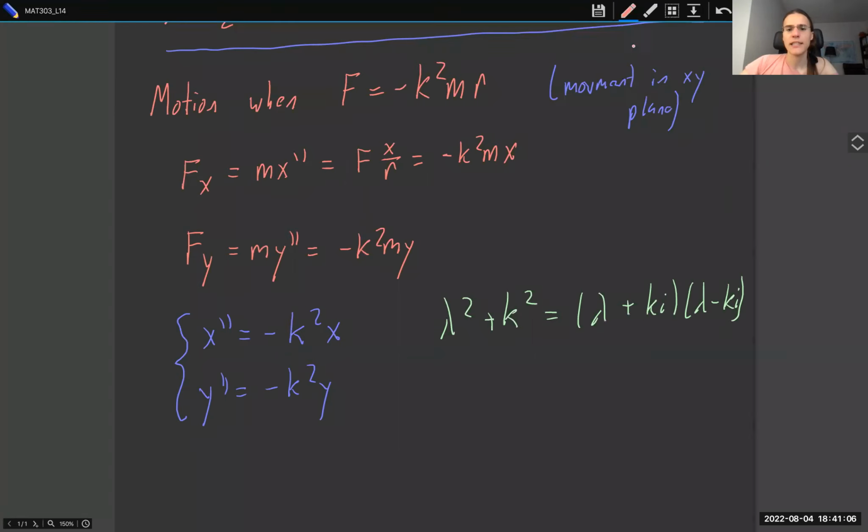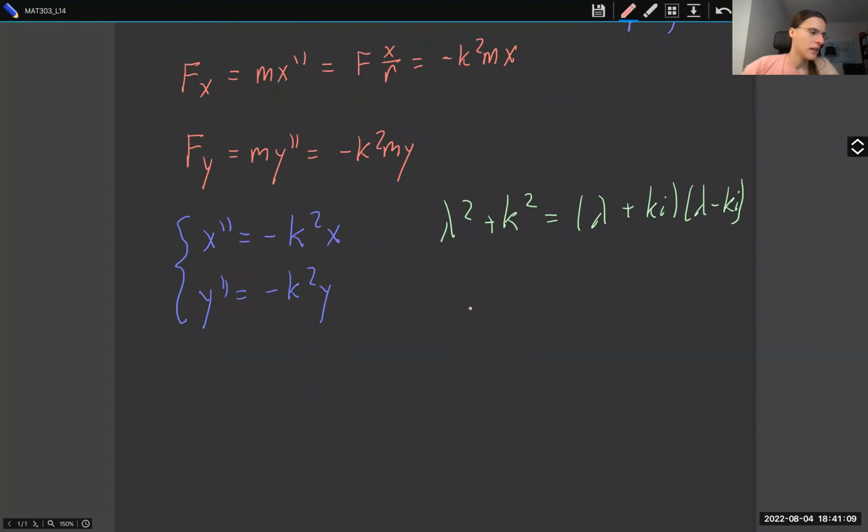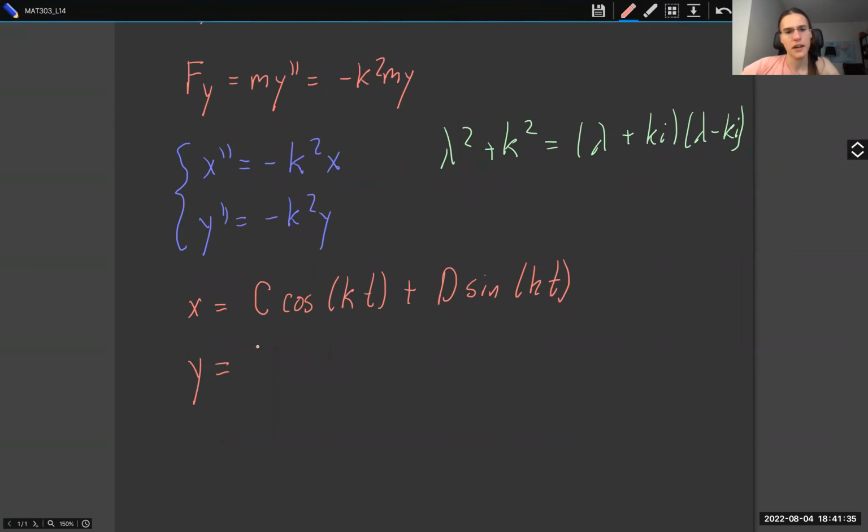And so the solutions that we'll get will be x is, let's say, c cosine kt plus d sine kt, and y is e cosine kt, and f, well, f is a bad letter to use. Let's call them A, B, C, D.